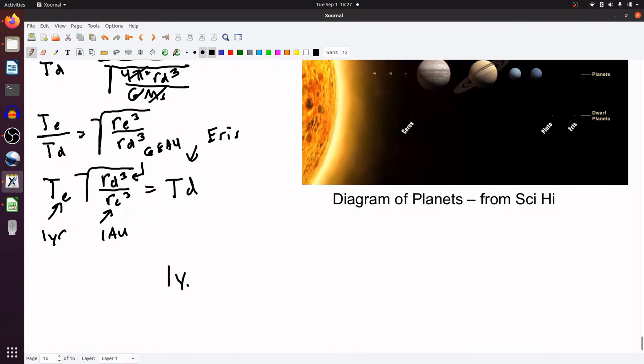So 1 year times the root of RD, which is going to be 68 AU cubed over 1 AU cubed, and that's equal to TD. Notice now that your AUs cancel. Yay. Now we're left with a unit only of years.